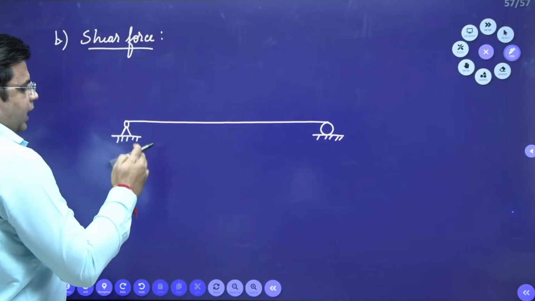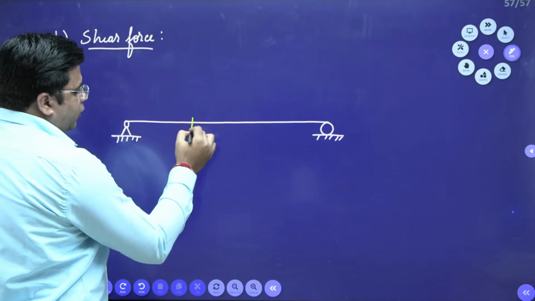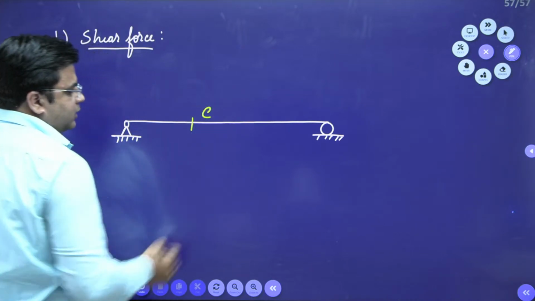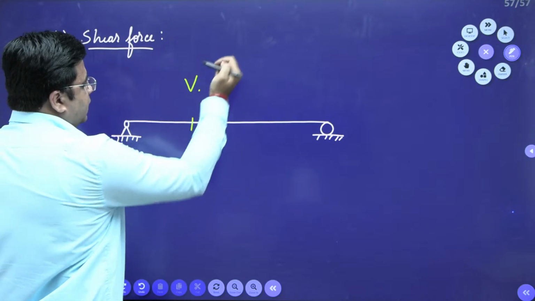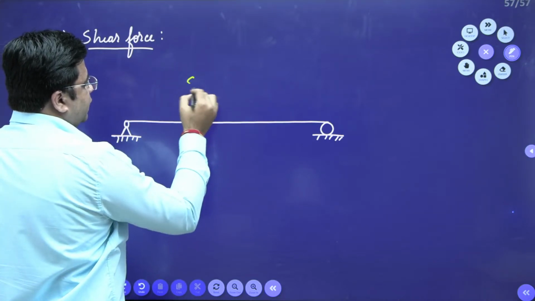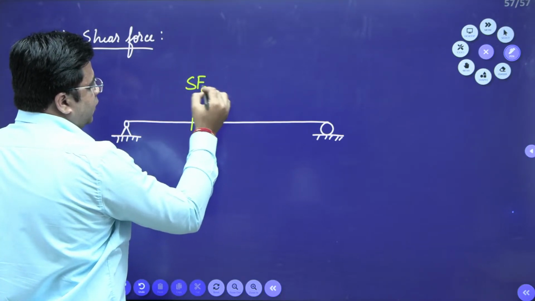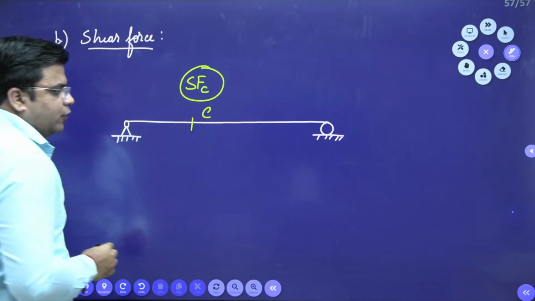If you need the ILD for shear force at C, let me write this, shear force at C. You need to have this ILD for shear force at C.